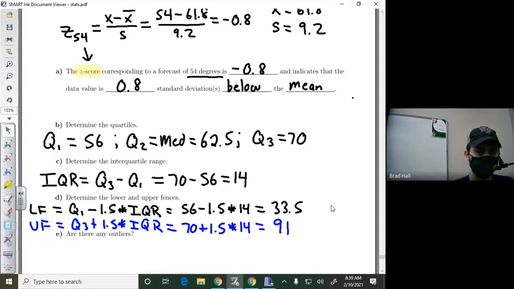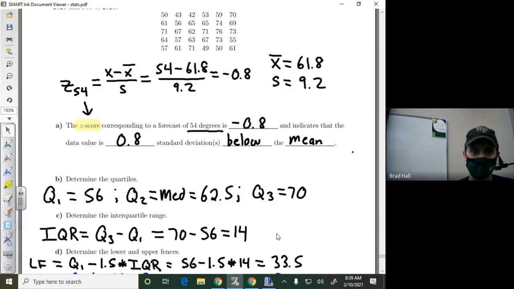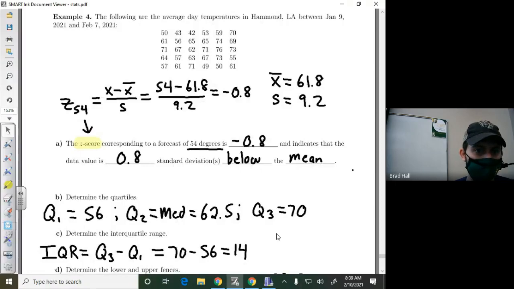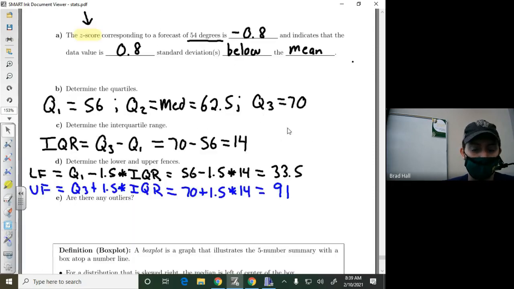So let's see, does this yield any outliers for us? Are there any values below 33.5 or above 91? I wouldn't imagine there's any. This is pretty much January in Louisiana. So no, there are no outliers. Every value falls within those boundaries.